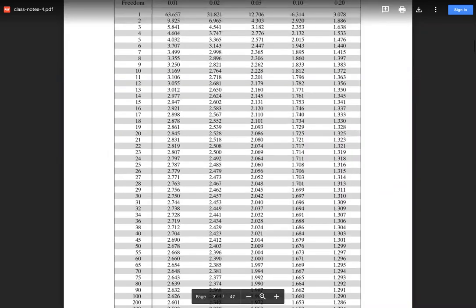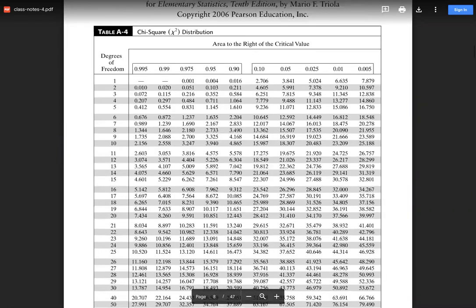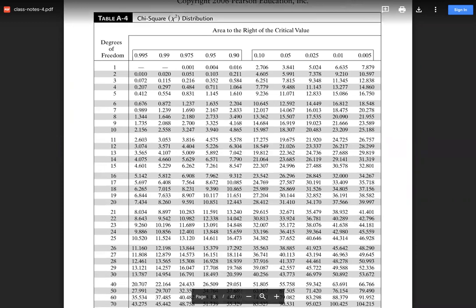Chi-square distribution has degrees of freedom, which is n-1, meaning sample size minus 1, like the way you dealt with the t distribution. N is the sample size.